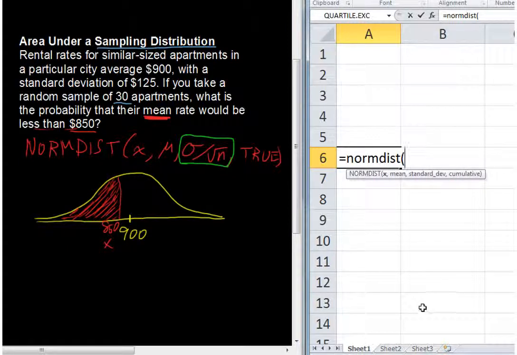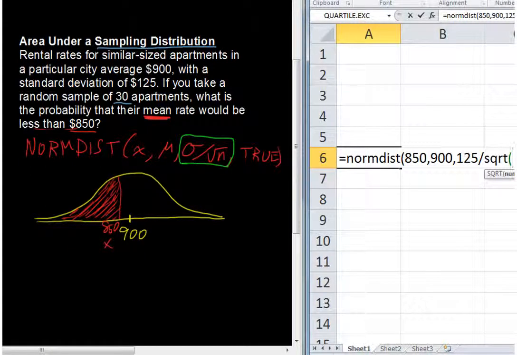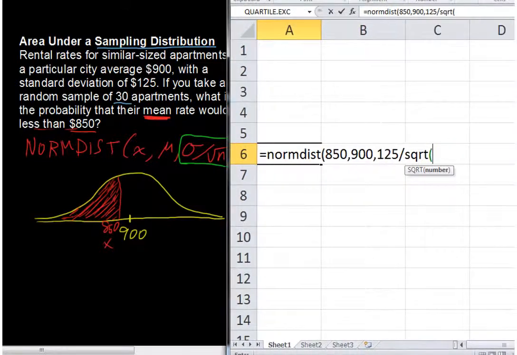So I'm going to type in the old function, NORMDIST. Now I'm going to type in x, that's our 850, comma, we have our mean of 900, we have a standard deviation of 125, but wait, it's divided by the square root. That's SQRT in Excel language, square root of our sample size.